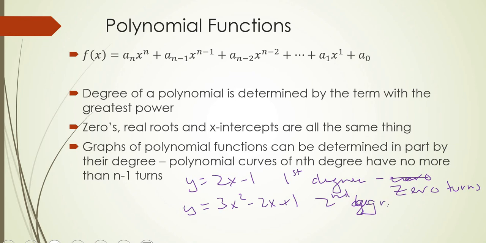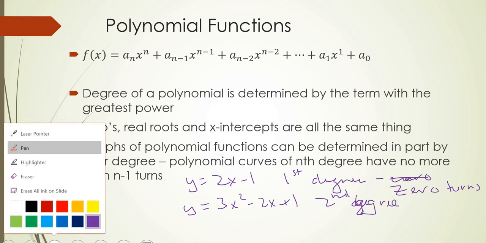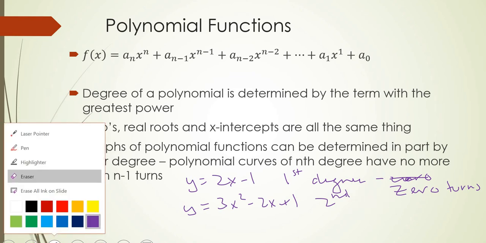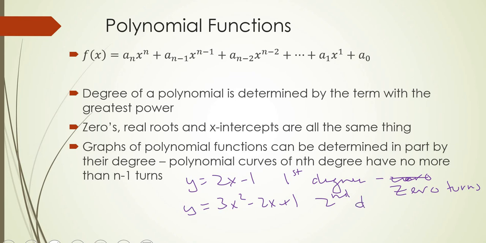I apologize for this. Let me try that one again. I need to write slower with this pen than I usually do. So this is a second degree polynomial. It can have at most 1 turn, and that holds true of our parabolas.